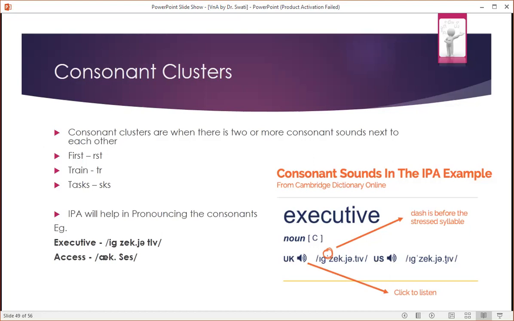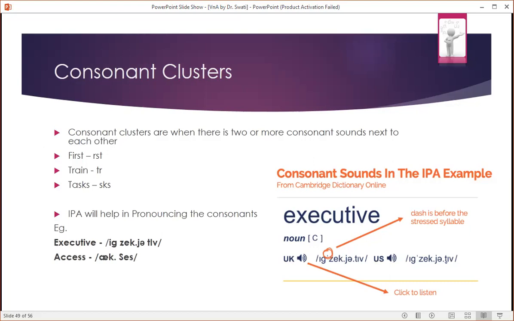Then if you look at 'train', if we talk about the vowel, it is the 'ay' sound. But if we talk about the consonants, TR is giving a sound together, the 'tr' sound, a cluster sound.